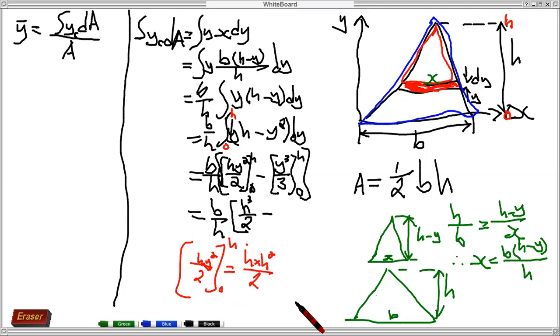You get it there? Then this will become h to the power 3, divided by 2. You get it? Okay, now I get it.